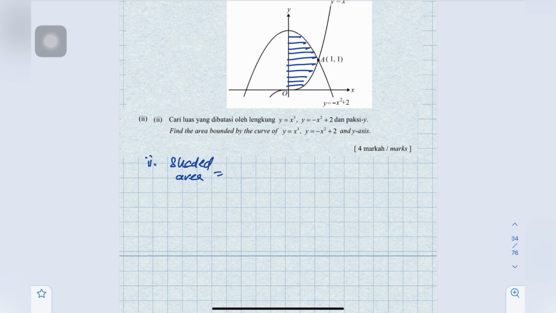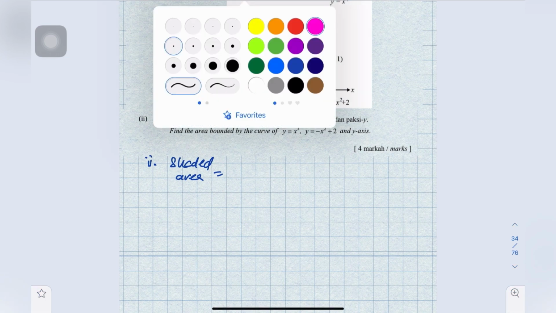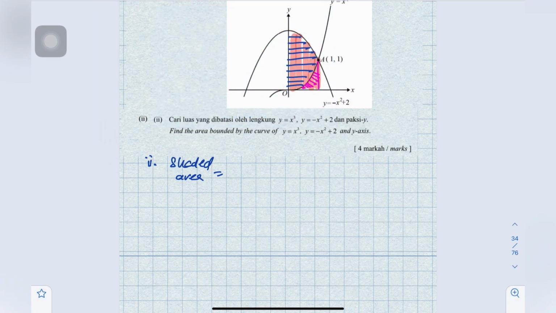Okay, nak cari area kita kena cari area semua dulu. Semua ni. Okay, then kita kena minus dengan yang sikit ni. Okay, so then shaded area semua, minus yang the pink one. Okay, so then this one for this area, the lower and upper limit is 0 and 1.